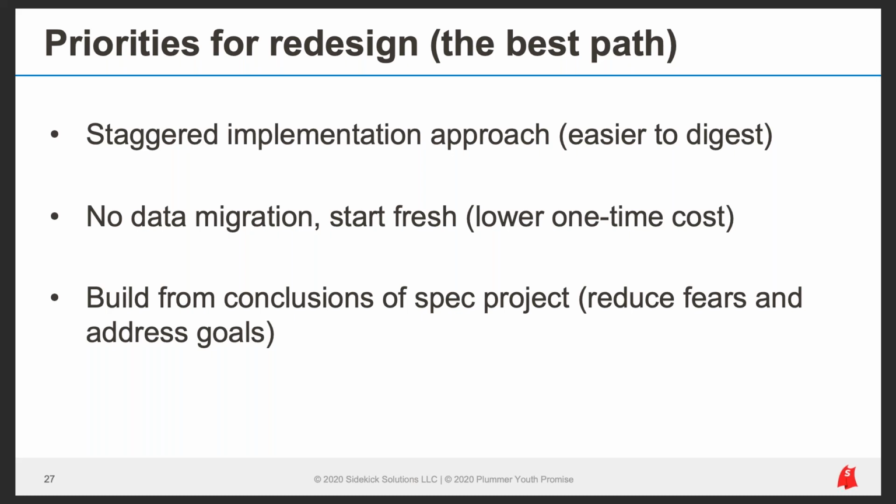What that meant is that we would allow view only access to users to that historical data where it lived. Now, it's understandable to have concerns about no data migration because it sounds kind of like a halfway strategy when you're considering a redesign.